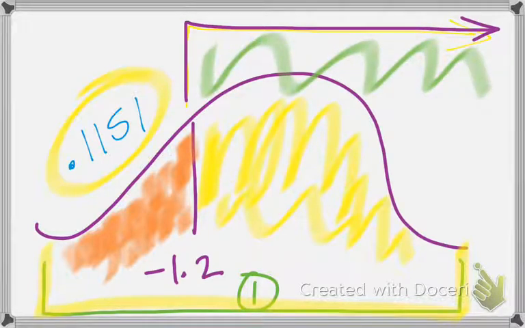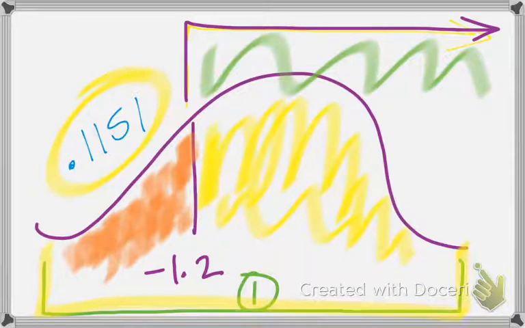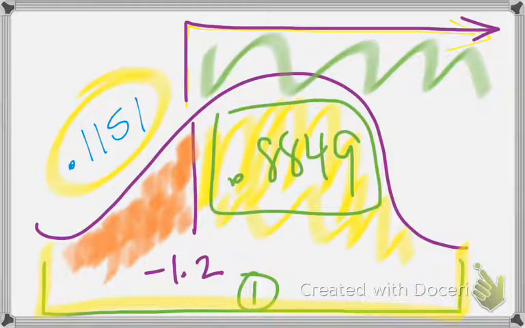So that's what I'm going to do. I'm going to subtract 1 minus 0.1151. If I do that, I get 0.8849. So in other words, 0.8849 of the area is over here to the right, greater than that z-score.